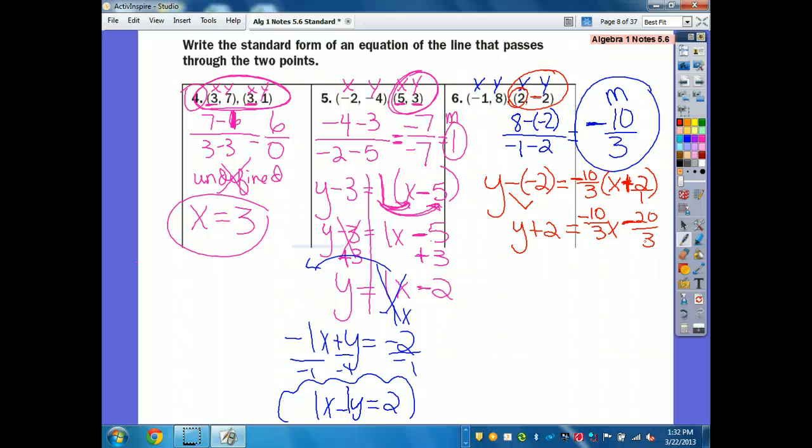What do I have to do? Minus 2. I have to minus 2 because we got to get it into y equals mx plus b form. And I have to minus a 2 here. That's like minus 2 over 1. So now y equals a negative 10 over 3x. What do I get when I have a negative 20 over 3 minus 2 over 1?